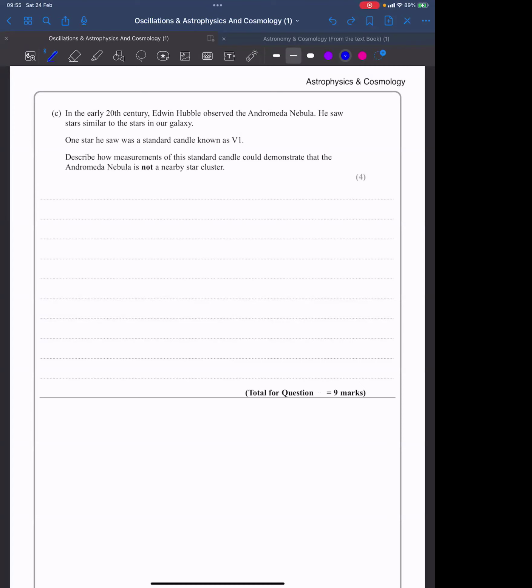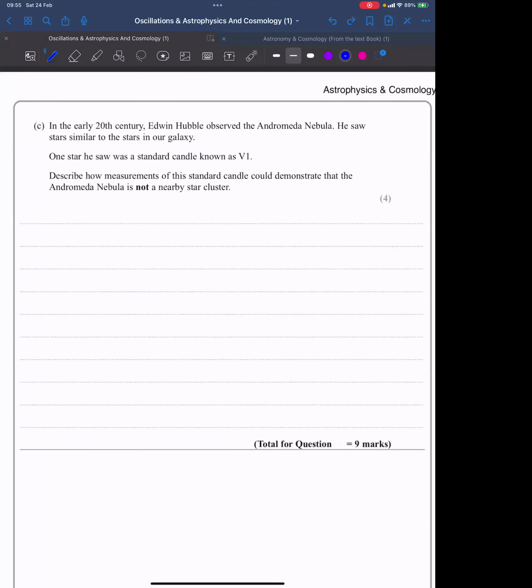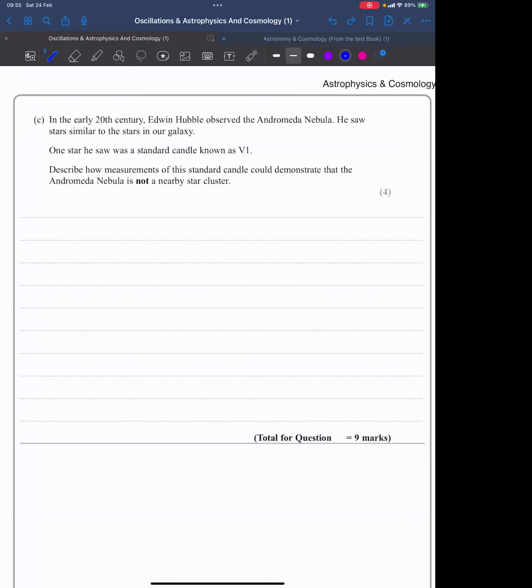How can you show that it is not nearby? Can you write an answer for this?